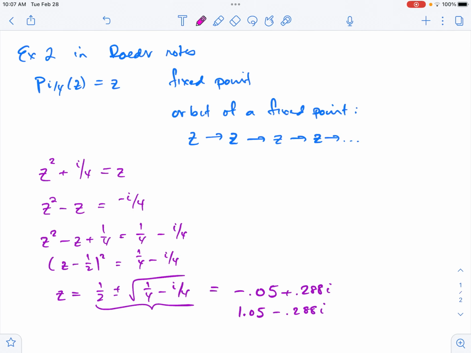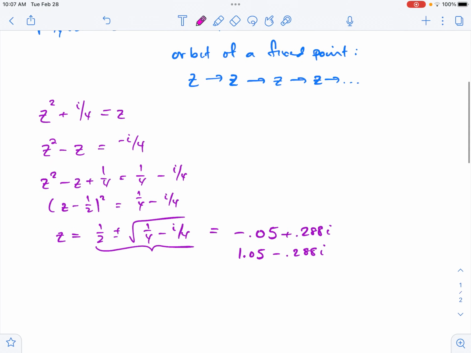So what we want to do is show that the behavior of these things is dictated by something about the function itself. So I'm going to call this, in keeping with the rotor notes, Z solid dot.